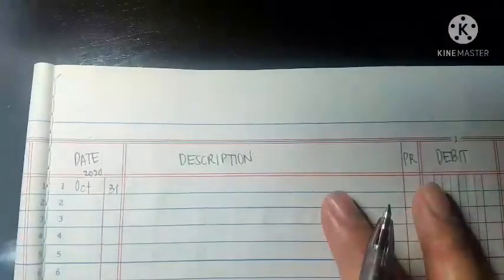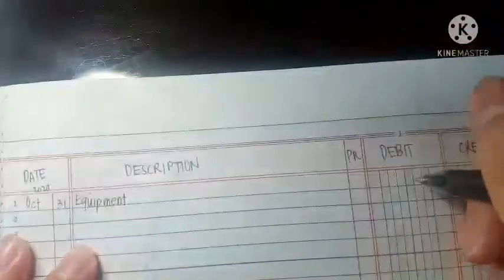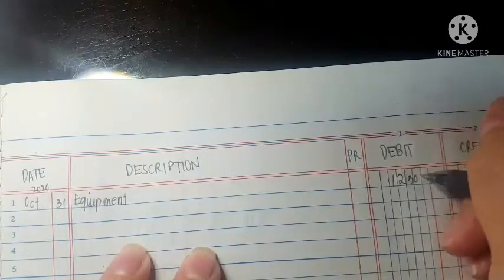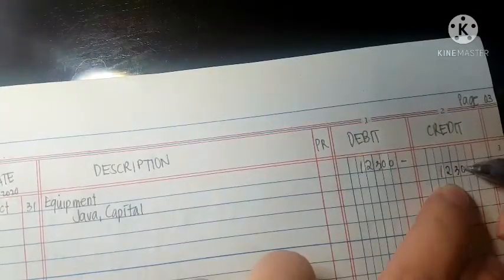So, October 31, 2020, we debit equipment for 12,300, and we credit Java capital for 12,300. Explanation: investment of owner.